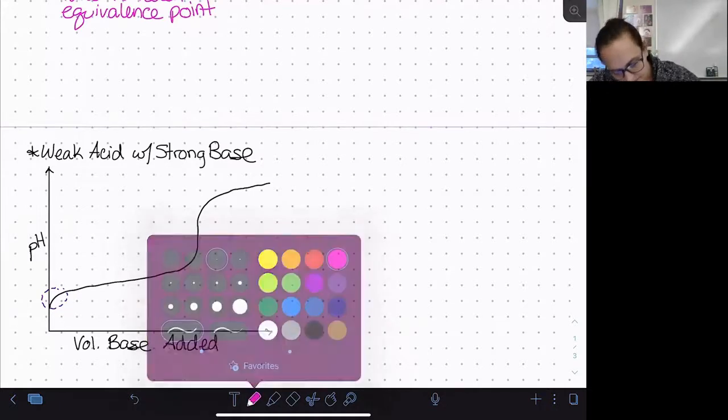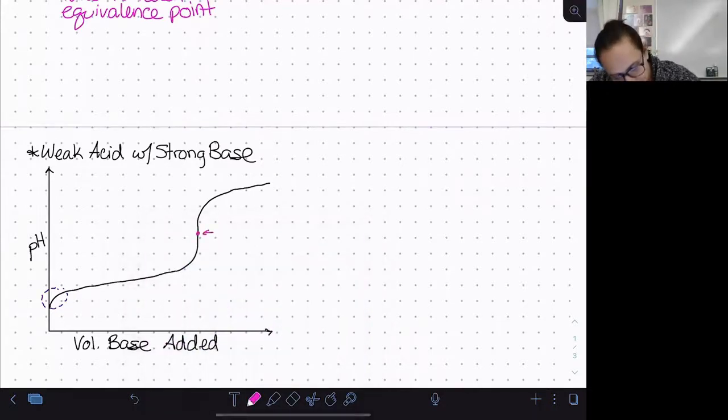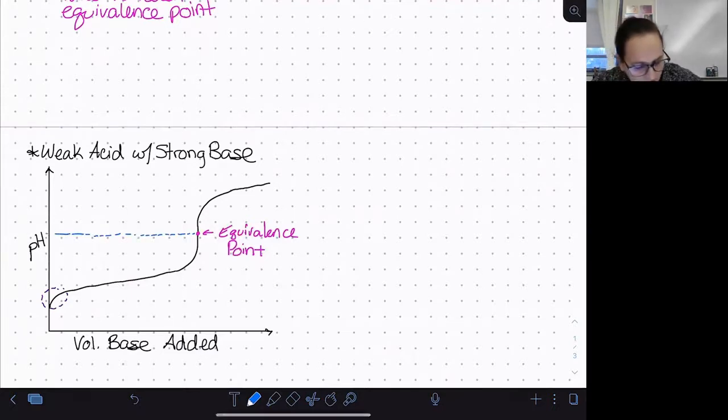So for these, we once again have our equivalence point in the middle of that really steep section. And the pH of these is actually not neutral.